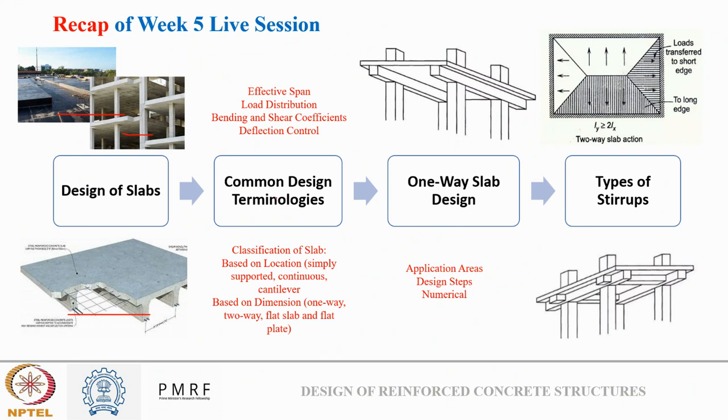Then we looked into IS 456 provisions for four key parameters: slab parameter, design parameter, effective span, load distribution, bending and shear coefficient, and deflection control. Then we discussed deep into design of one-way slab, where it is used, and a numerical for design. And finally we talked about design of two-way slab, which we will recap again shortly in today's class.